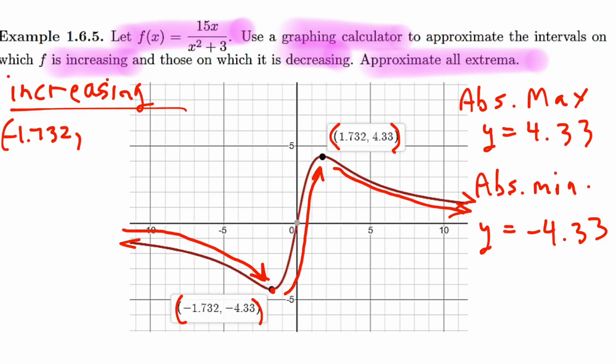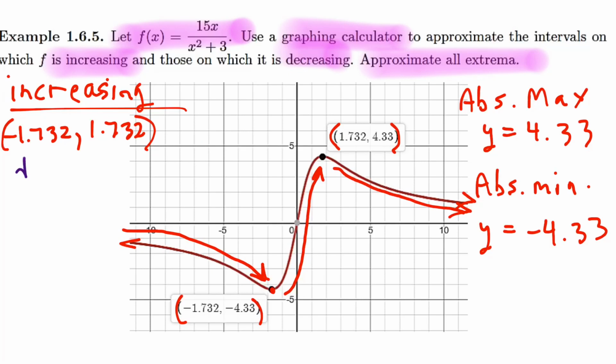From that x value, remember increasing and decreasing intervals are asking you for x values. So between here and here, we're increasing. The x value here is positive 1.732. Okay, so there's one increasing interval.